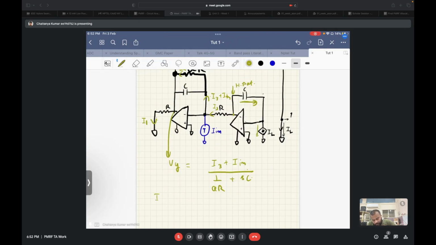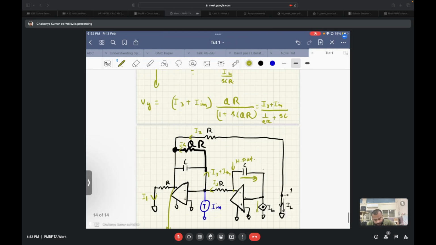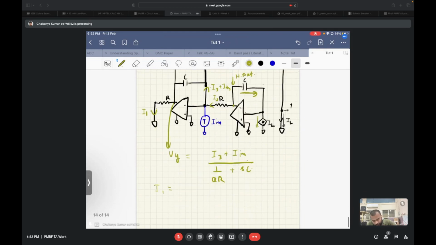Now, I1 is equal to Vy by R, and same is the case with IL, and opposite is the case with I2.